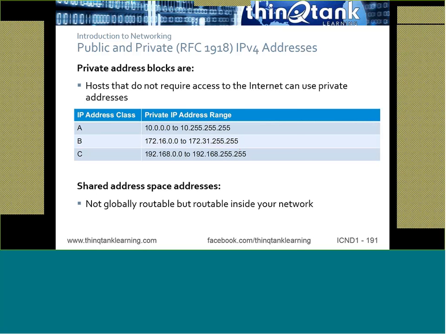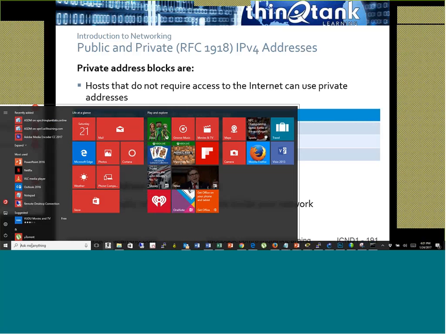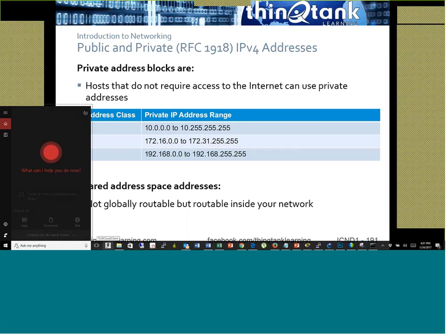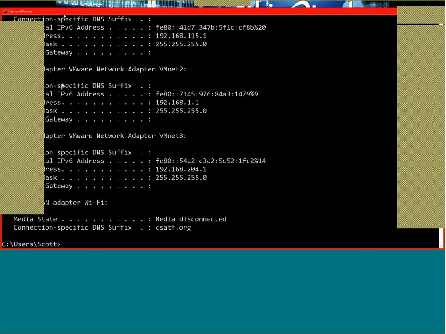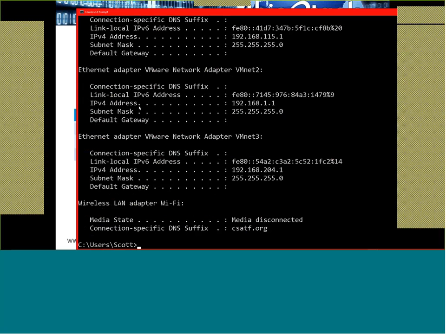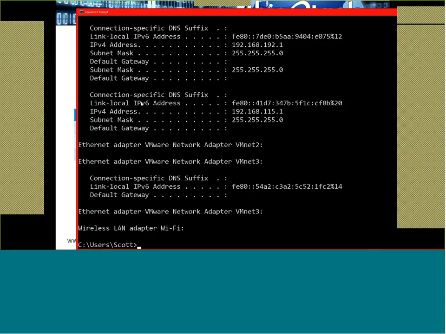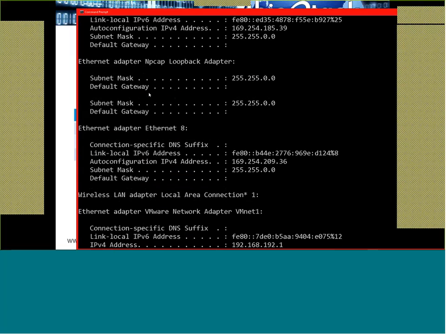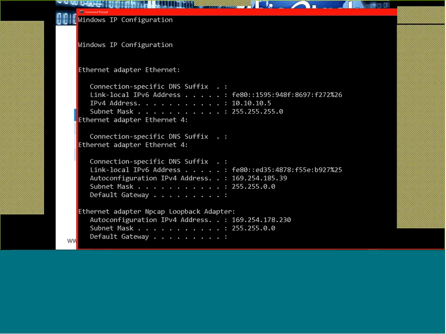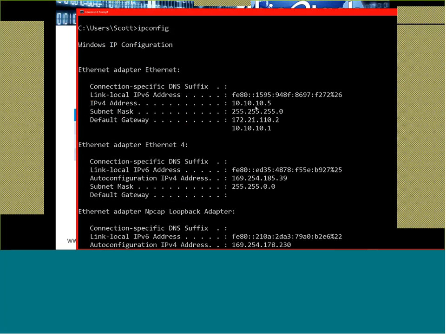If I look at my computer here, and I do an ipconfig, my address for my wired interface here, I've got a bunch of them on my computer, hold on. My address on my interface is 10.10.10.5. That's in a Class A space.